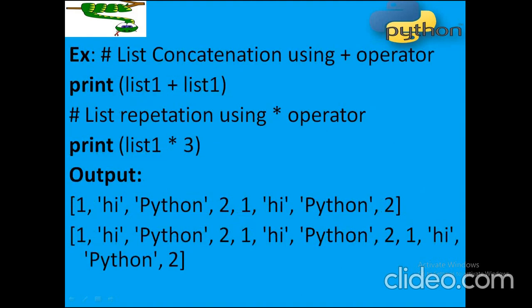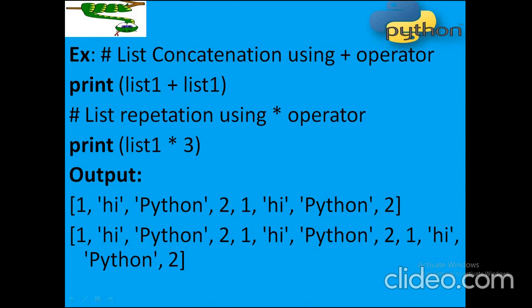This is one example. If we want to concatenate strings using a plus operator, we use the function print list1 plus list2. Then for repetition, we have list repetition using a star operator. The syntax is print list1 star 3, and the output will be like this.